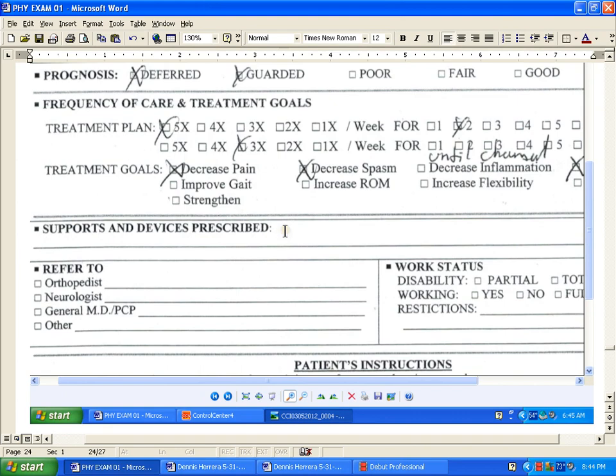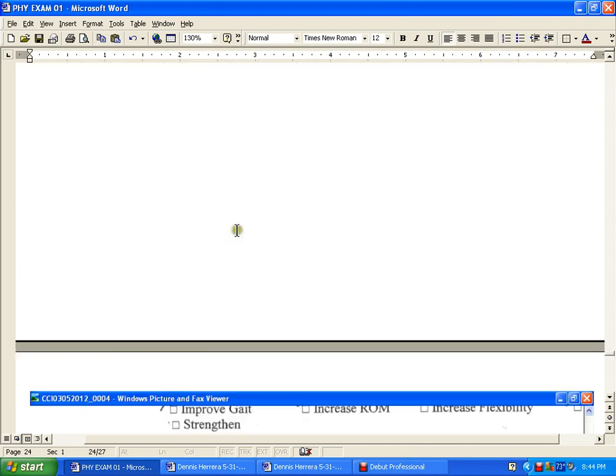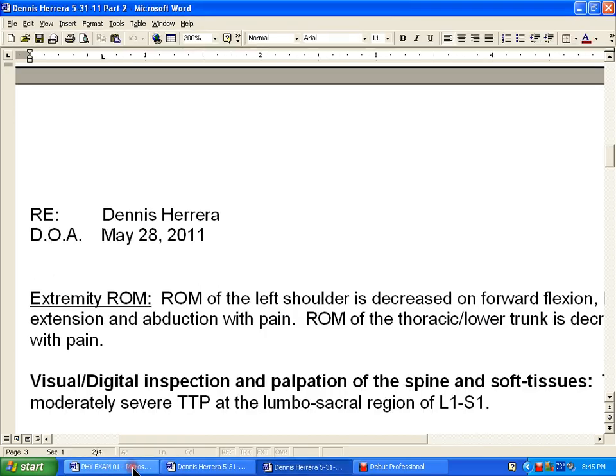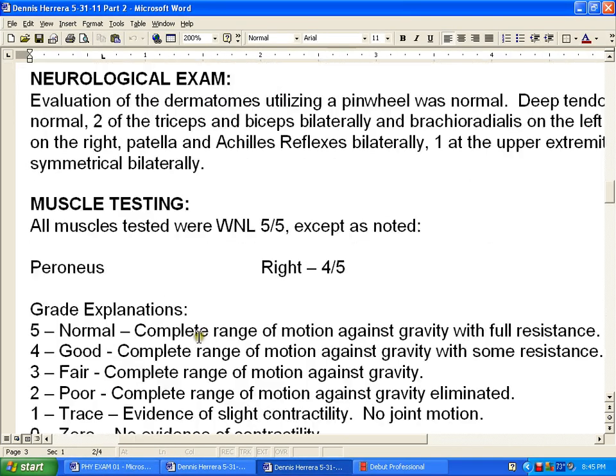Okay, here it is. At the bottom where it says patient's instructions. So, this is what we would put in there.